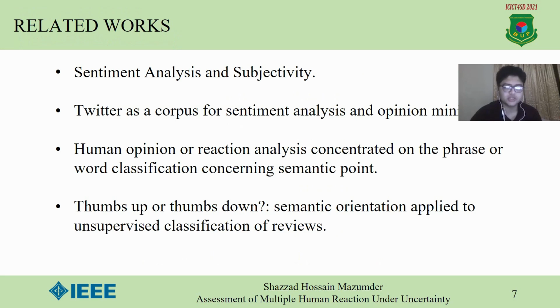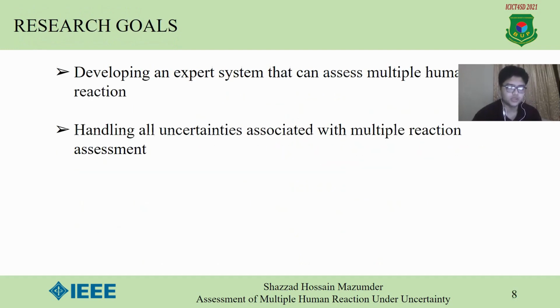In this case, the multiple sentiment that a human may have is totally ignored. Okay, our main goal of the research is to develop an expert system that can assess multiple human reaction under different uncertainties associated with the multiple reaction assessment mentioned in the previous slide.